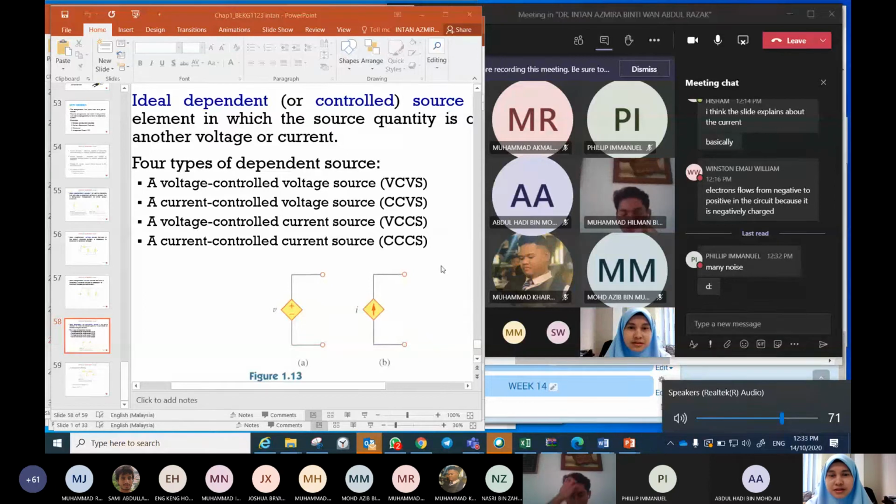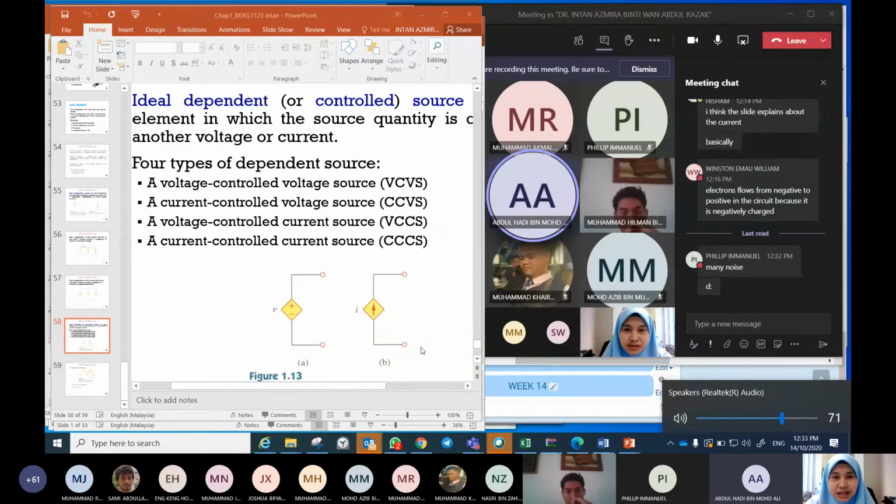Is it a current source or a voltage source? It is a current source, right? Okay. The type number 4 is a current source. Which one, A or B?